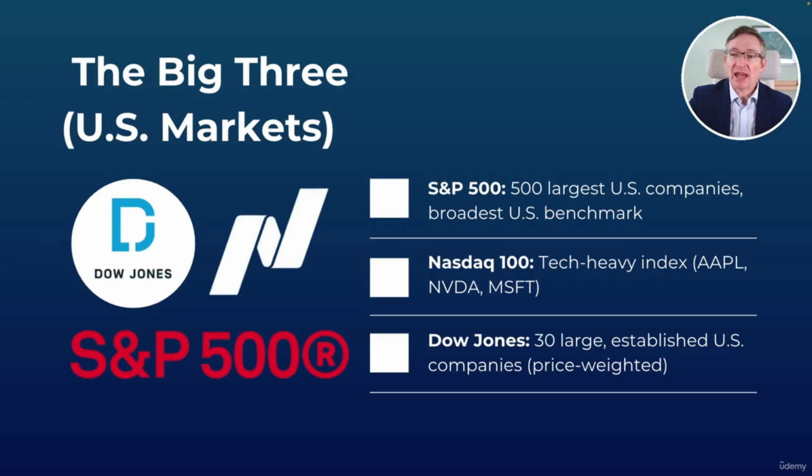Now, the Dow Jones, or just the Dow, is 30 large US companies. It's price weighted, not market cap weighted, which makes it a little bit less modern in structure, but it's still very heavily followed.